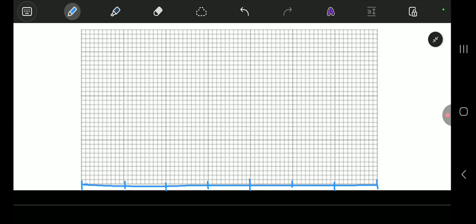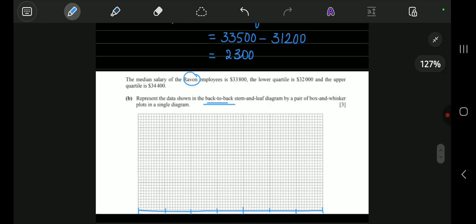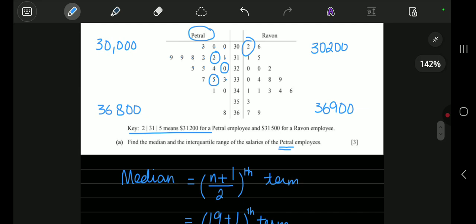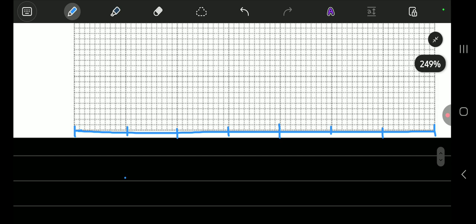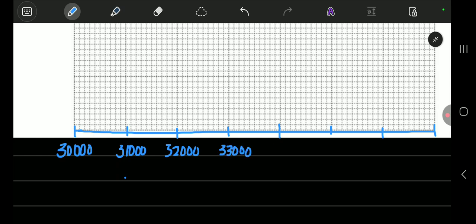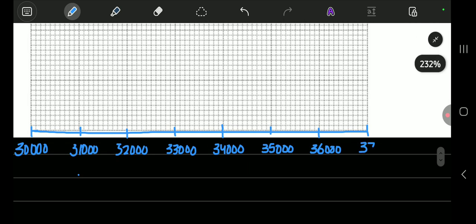Now start making the first data. Let's start with Petrol, which goes from 30,000 to 36,800. First mention all the readings here. So this is representing 30,000, 31,000, 32,000, 33,000, 34,000, 35,000, 36,000 and 37,000, so that it's easy for us to mark them.